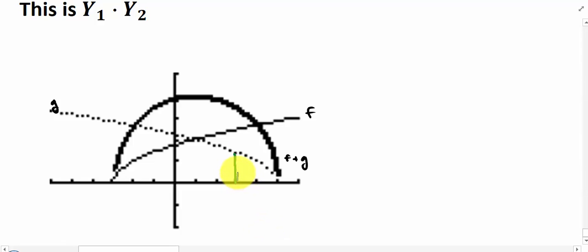The length of this segment represents F of 3. If you take the green segment and put it on top of the blue segment, you're going to have F plus G at 3 right here. So you can add functions graphically, right? You can add functions graphically.